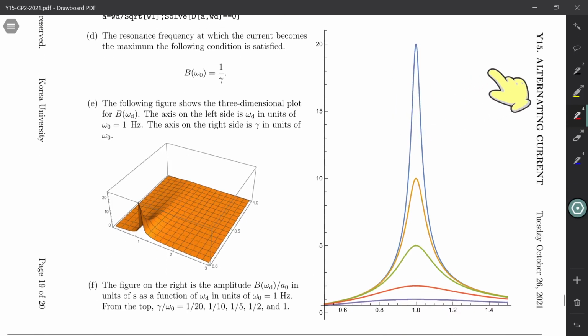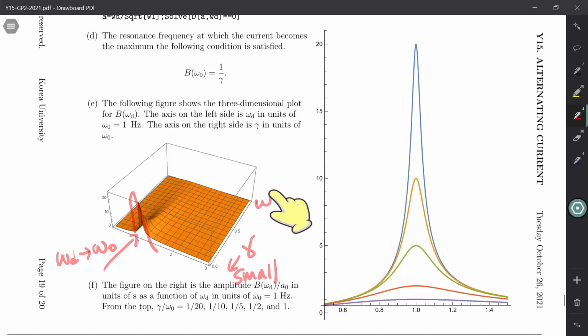As you can see, when omega_d goes to omega 0, there is a peak, and the peak is magnified when gamma is small.